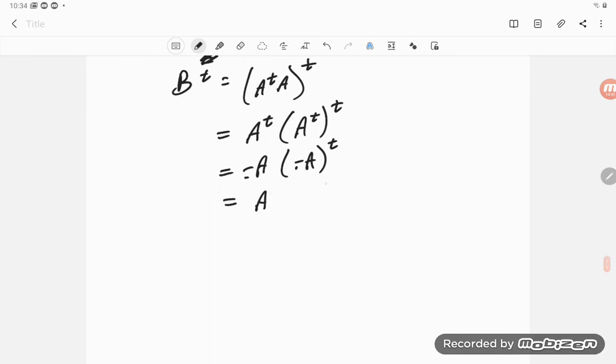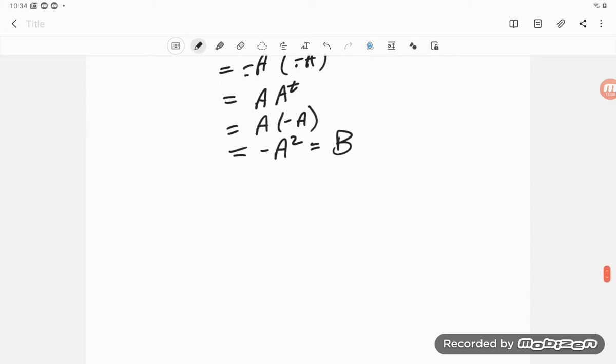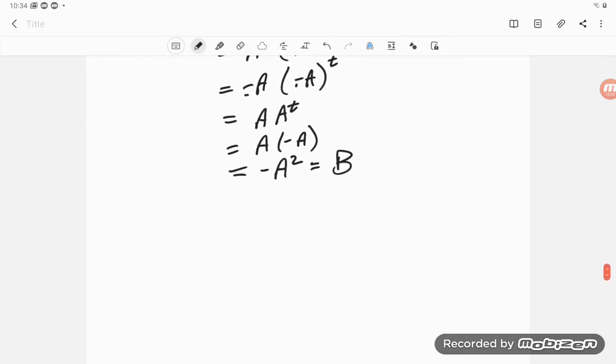So I get A times A transpose. But A transpose is negative A, so this is A times negative A, and I get negative A squared, which was B. So you can see that it comes out this way.